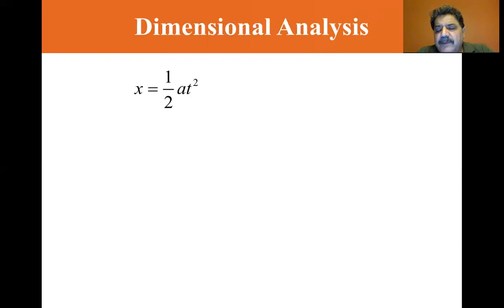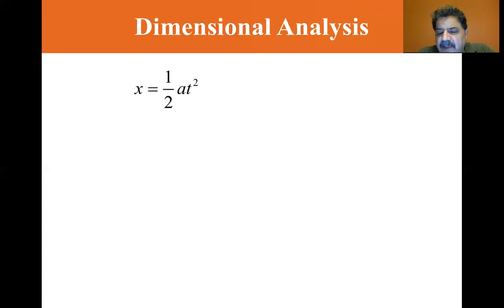The equation for the position of a car at time t, if the car starts from rest at x equals 0 and moves with a constant acceleration a, is given by the expression x equals 1/2 a t squared. The correct expression is given there.